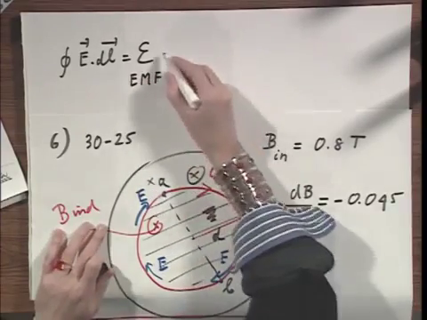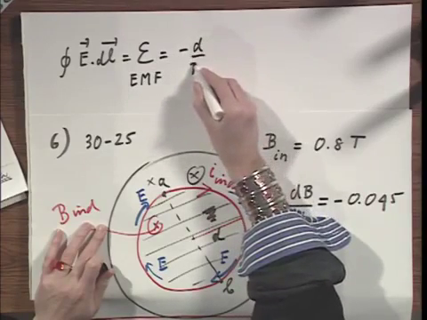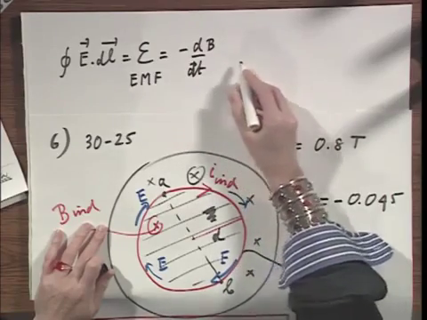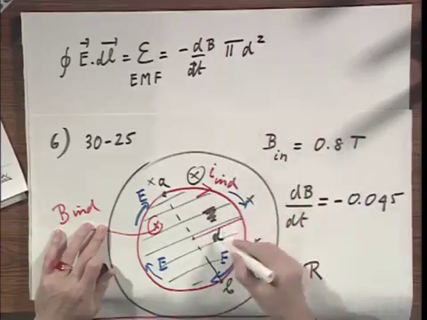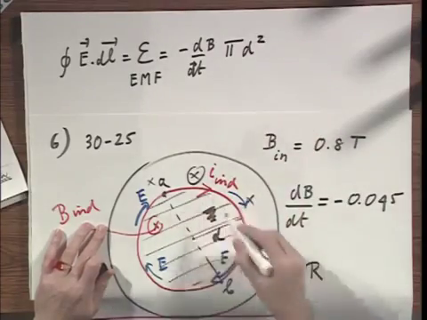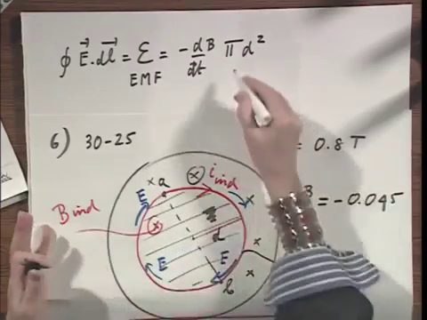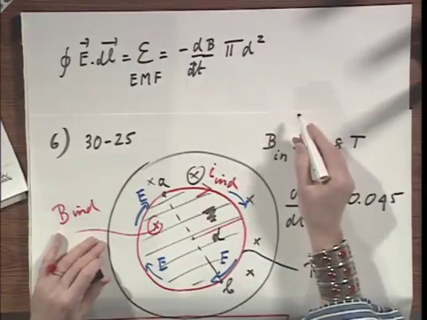Electromotive force. That now equals minus dB/dt times pi d squared, times this surface, because B is the same everywhere inside this surface, so it's very easy to execute the integral.